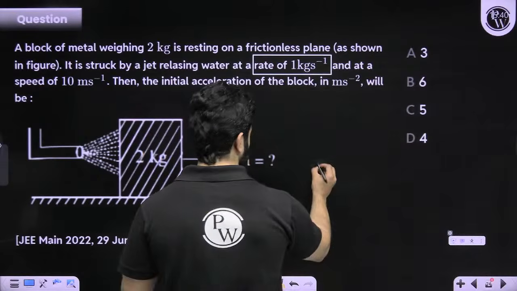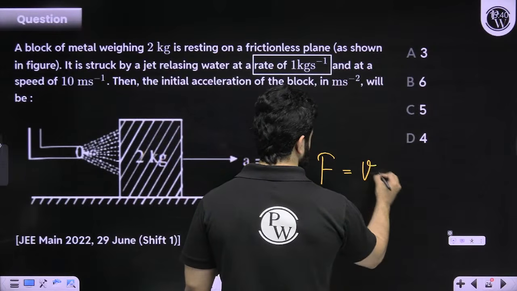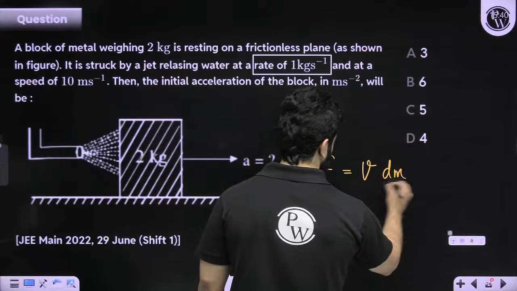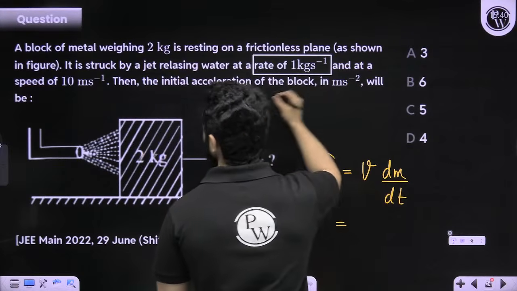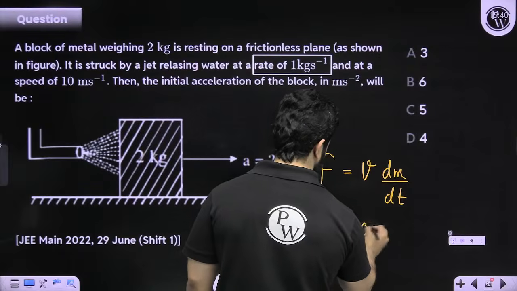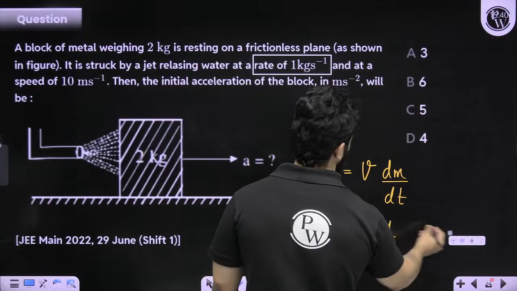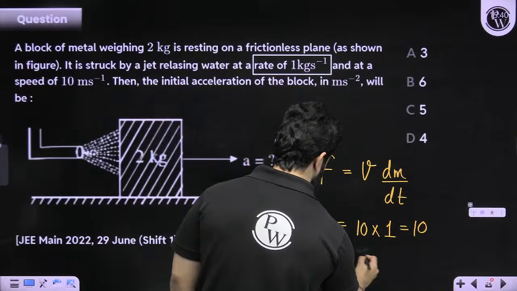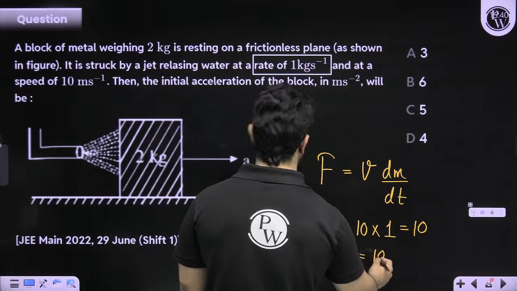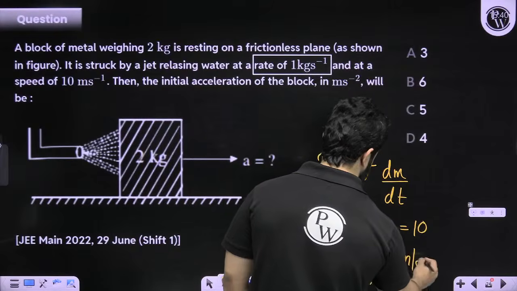So this is very easy. You simply have to write F is equals to V times dm by dt. So V is equals to 10 meter per second and dm by dt is equals to 1. So answer is 10, and acceleration will be 10 divided by mass, that is 2, which is 5 meter per second square.